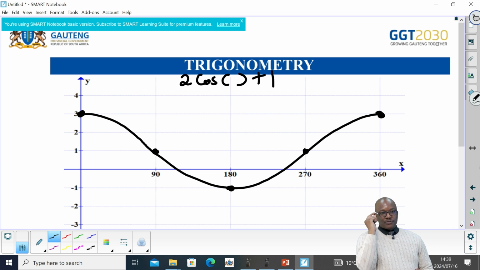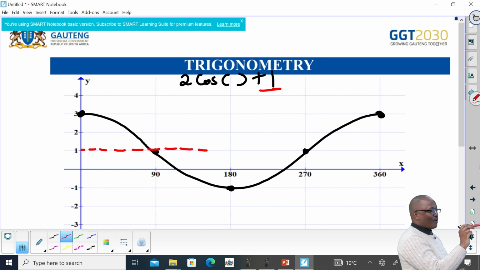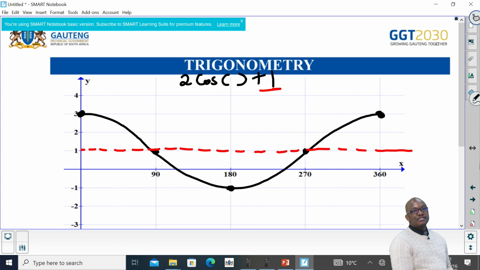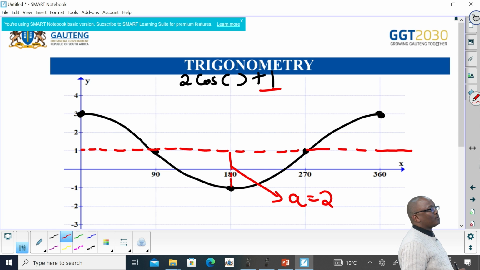Correct. So now here we can all agree that our midline is at 1 now, because the graph has moved 1 unit upward. Then you will be able to also determine your amplitude. Remember, amplitude, it will be A is equal to 2.